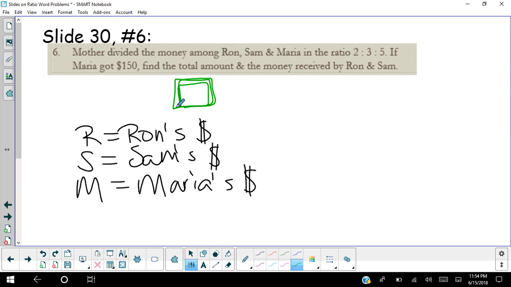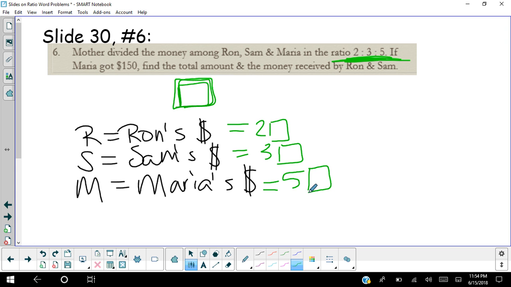So then the ratio of 2 to 3 to 5, I know that for Ron, that's going to be 2 times the box. And then for Sam, it's going to be 3 times the box. And for Maria, 5 times the box.